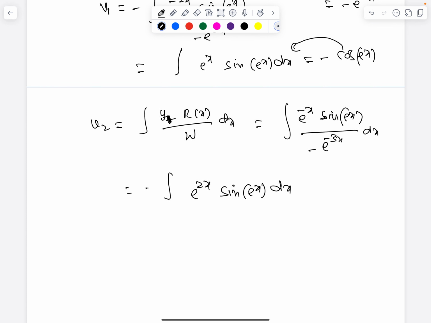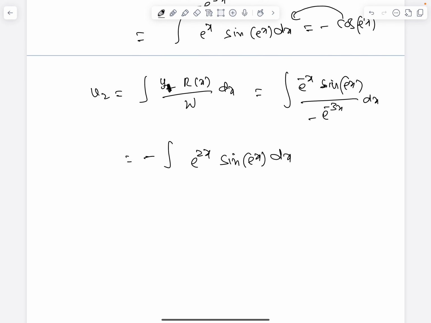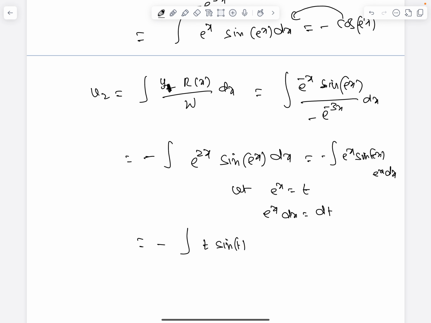And if you apply integration, this is like minus the integration. Let e^x be t, so you have t^2 sin t dt. Let e^x equal t, therefore e^x dx equals dt, implies minus the integration of t sin t dt, and here you can write it as e^x sin e^x and e^x dx, which is dt.